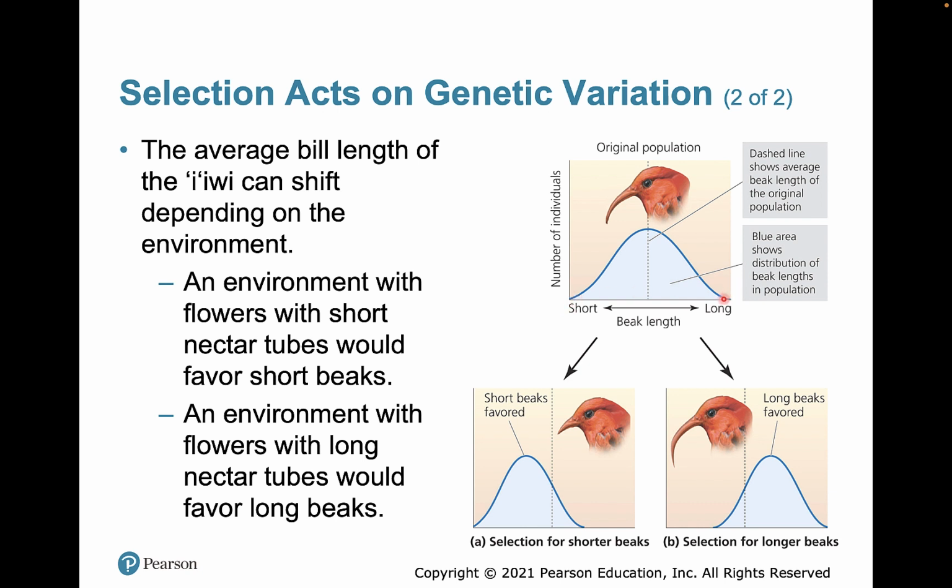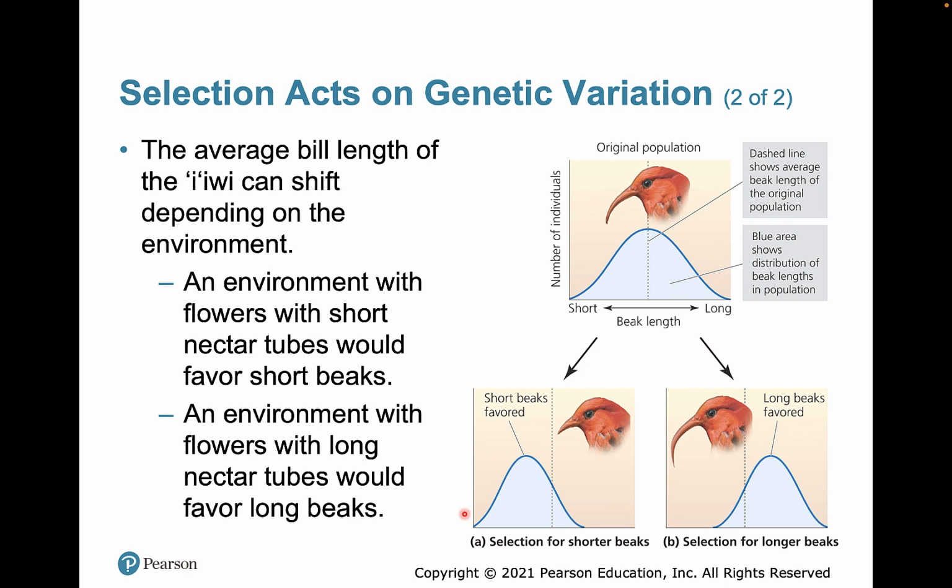Some of them have a really long beak, but most of them have your average length beak, because that length beak allows them to survive and reproduce because they can get the most nectar. Okay. If the flower tubes are shorter, right, then these shorter beaked iiwi are going to have an evolutionary advantage, right?